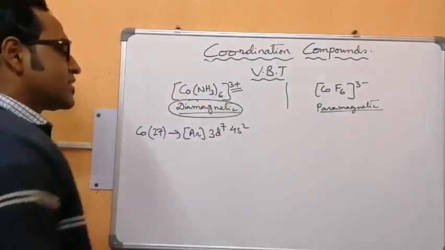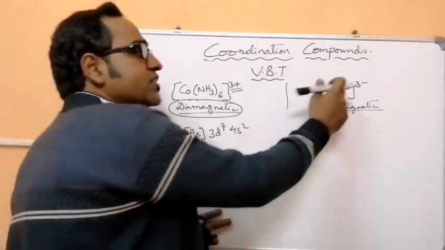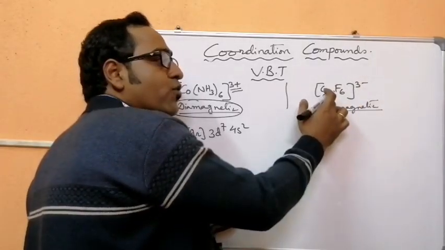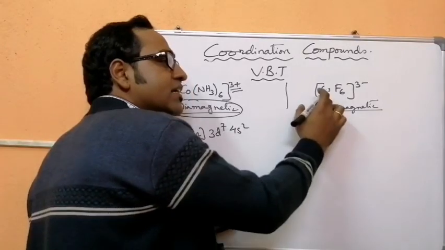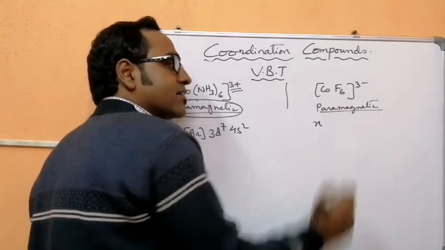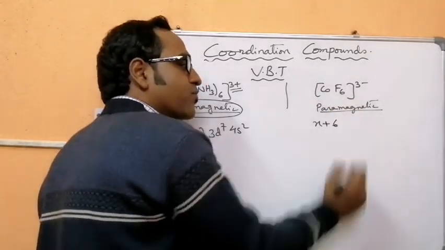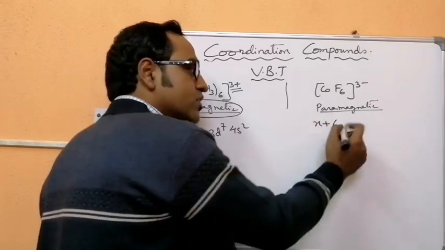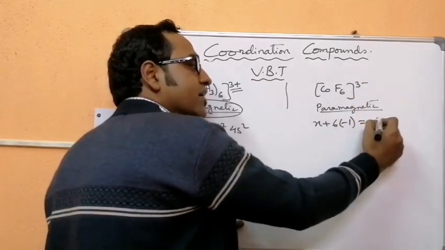Now CoF6 3-, the electronic configuration of cobalt is the same. Now the oxidation state of cobalt here. If you don't know it, the very easy way of determining the oxidation state is to take the oxidation state of cobalt as X, plus 6 fluorine atoms. Fluorine is in the -1 oxidation state, and the overall charge is -3.